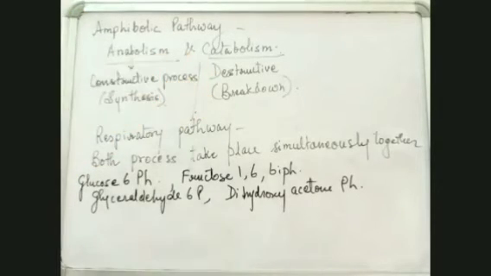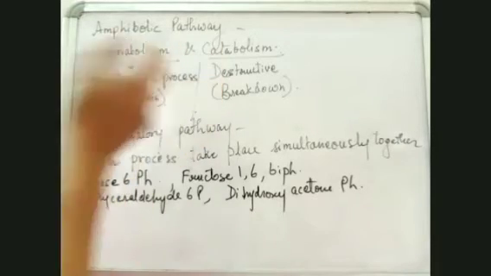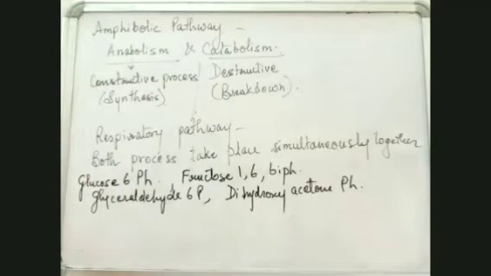Why catabolic? Because the breakdown of substances like carbohydrates, proteins and fats releases energy, and because of that breakdown we call it catabolic. So when both the processes take place simultaneously together, we call such a pathway amphibolic pathway.